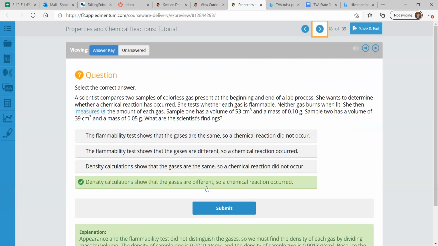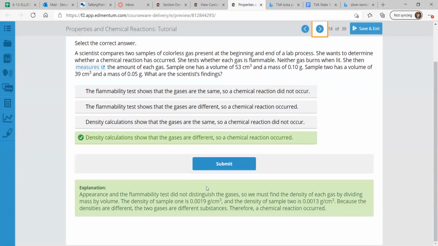What are the scientist's findings? Density calculations show that the gases are different, so a chemical reaction occurred. Appearance and the flammability test did not distinguish the gases, so we must find the density of each gas by dividing mass by volume. If you recall, density equals mass divided by volume, mass per unit volume.